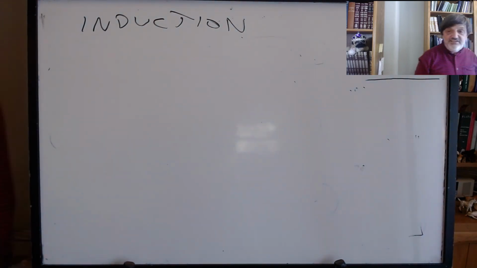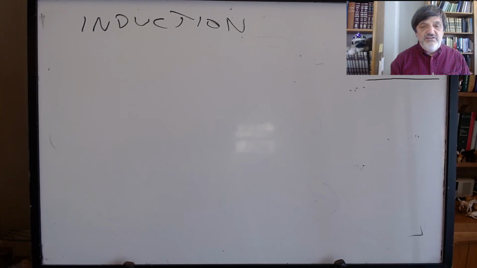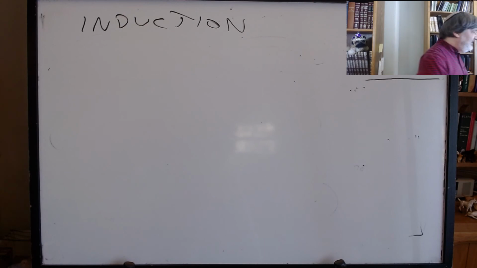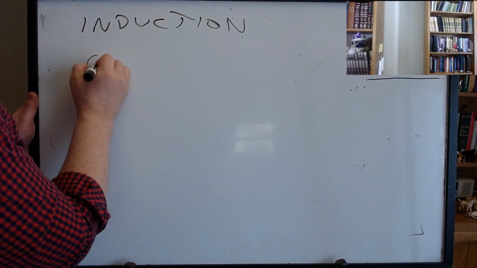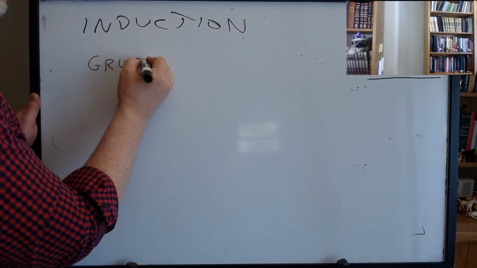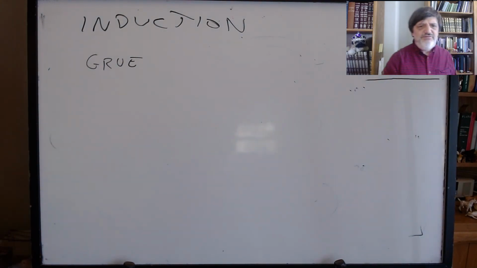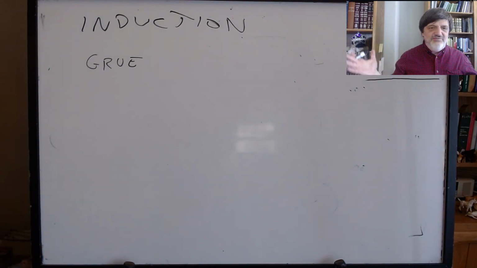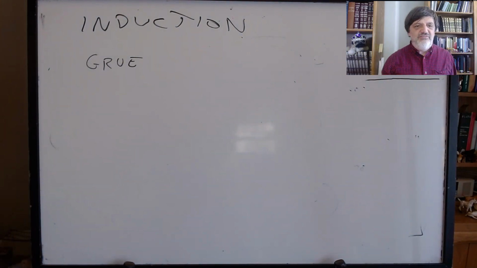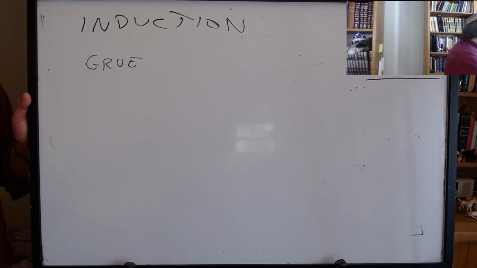But he says there is a big problem, and that problem is what he calls the new riddle of induction. And to get the big problem, he introduces this new predicate, which he calls gru. Right? This is famous. Philosophers now talk about gru left and right when certain issues come up. He was the one who invented it.